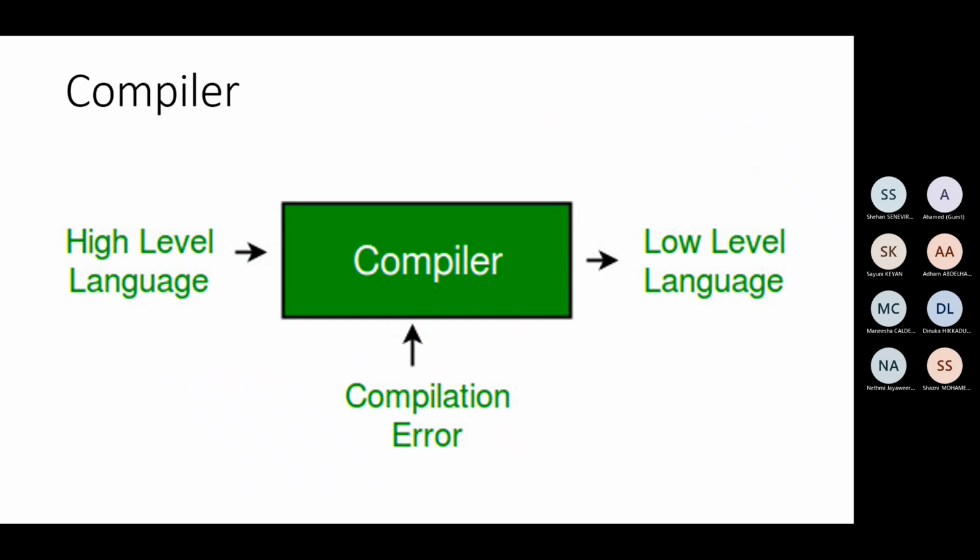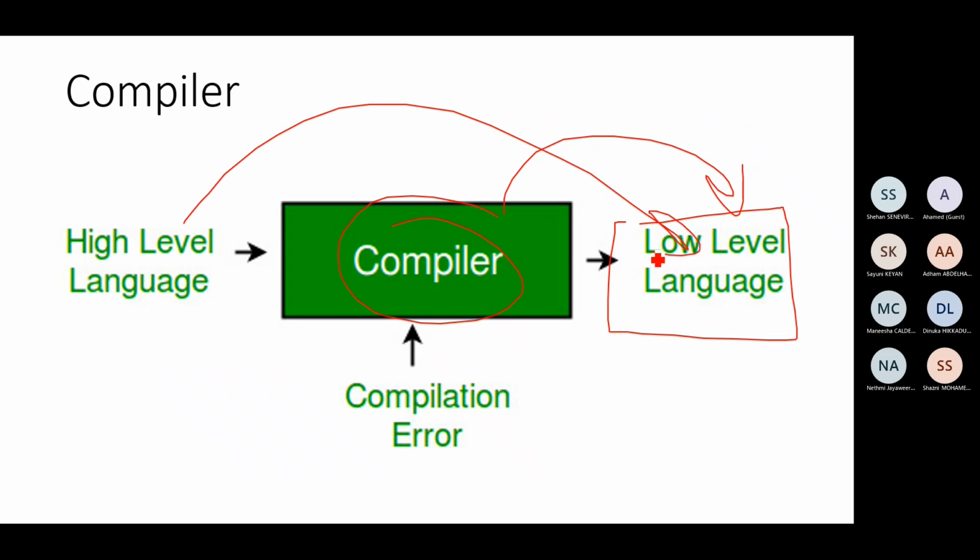Now we'll take this process a bit further. What happens inside a compiler? There's a high-level language, written in any high-level programming language, and there's a compiler. This compiler would translate into a low-level language most of the time. That's why I said there's no specific operation to convert directly into machine language. It's a compilation process, mainly focusing on conversion to a low-level language.